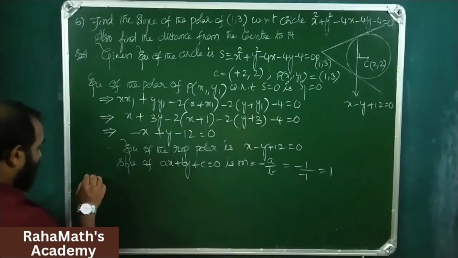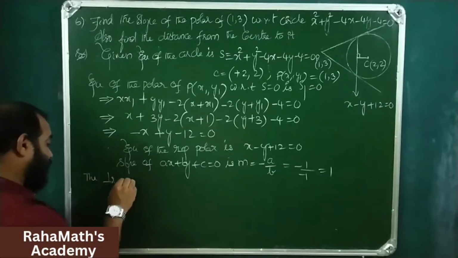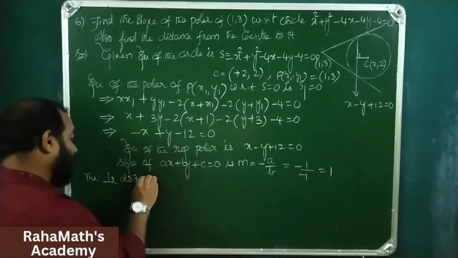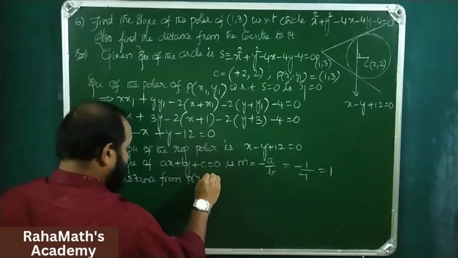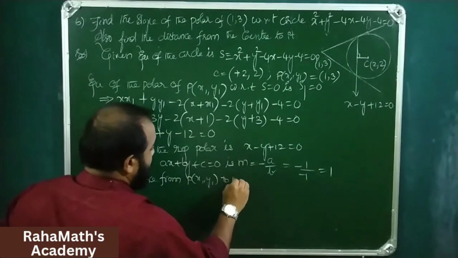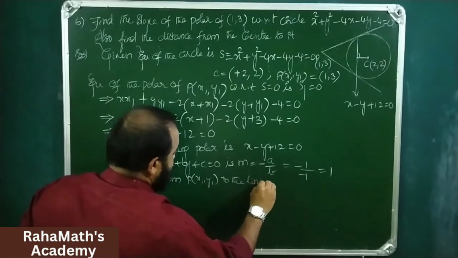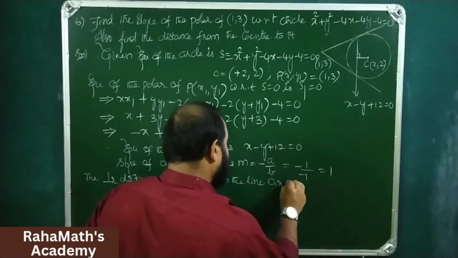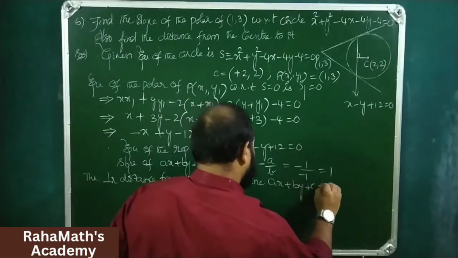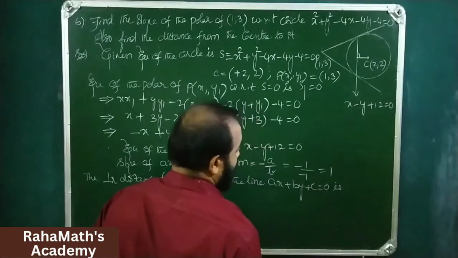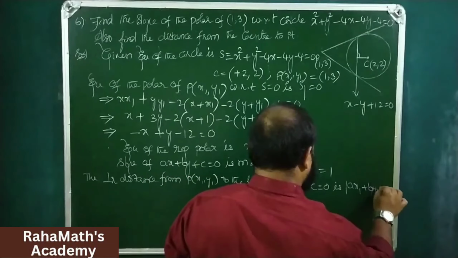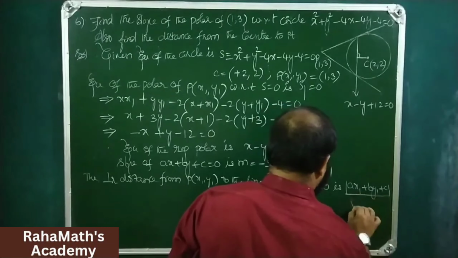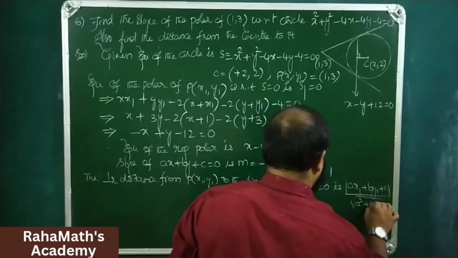So the perpendicular distance from P(x1, y1) to the line ax + by + c = 0 is |ax1 + by1 + c| by the square root of the square of the coefficient of x plus the square of the coefficient of y.